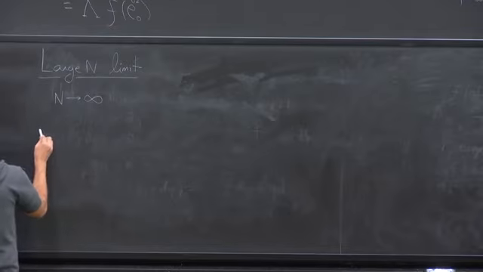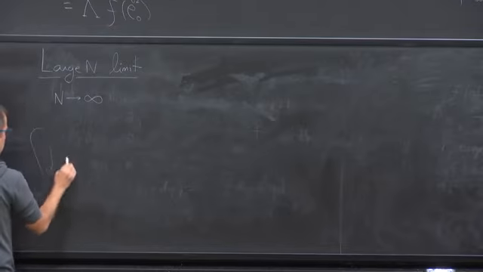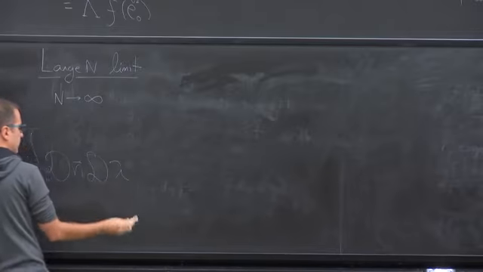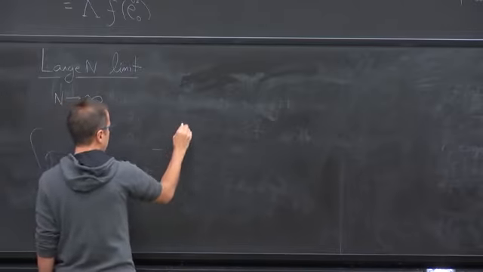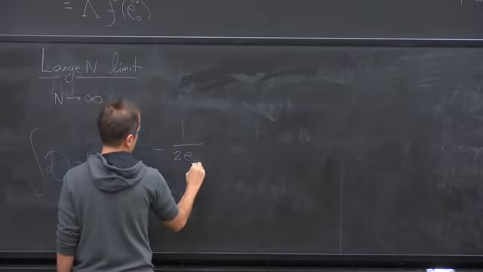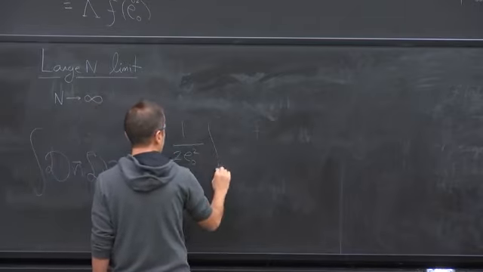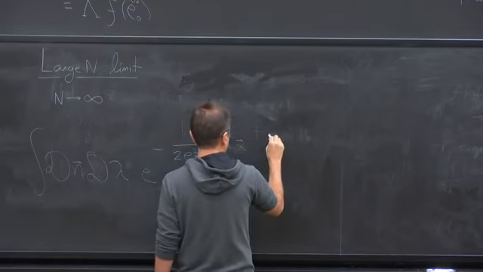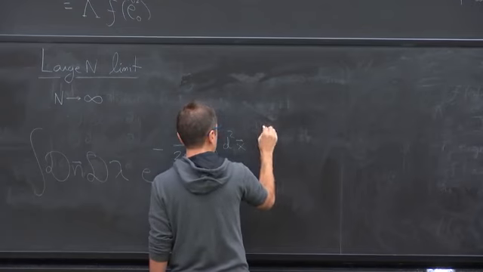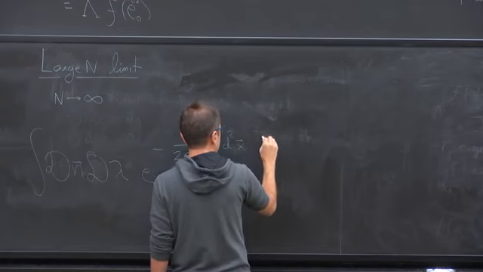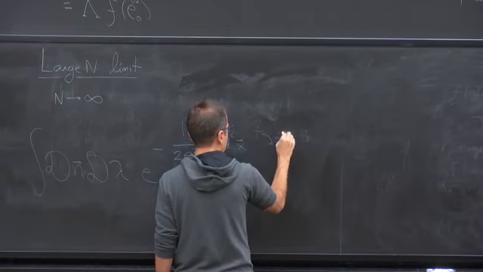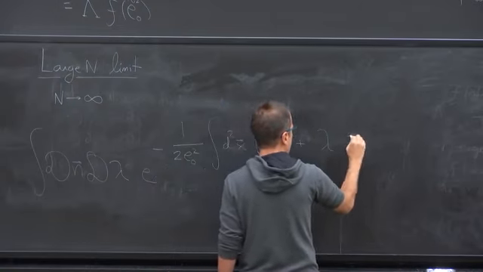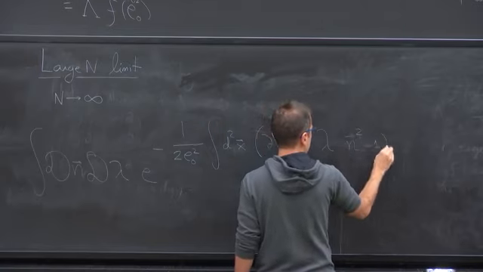And so what do we have? We have our integral over our field n and over our Lagrange multiplier lambda, e to the minus 1 over 2 e0 squared integral d^2x of (del n)^2 plus lambda times (n^2 minus 1).